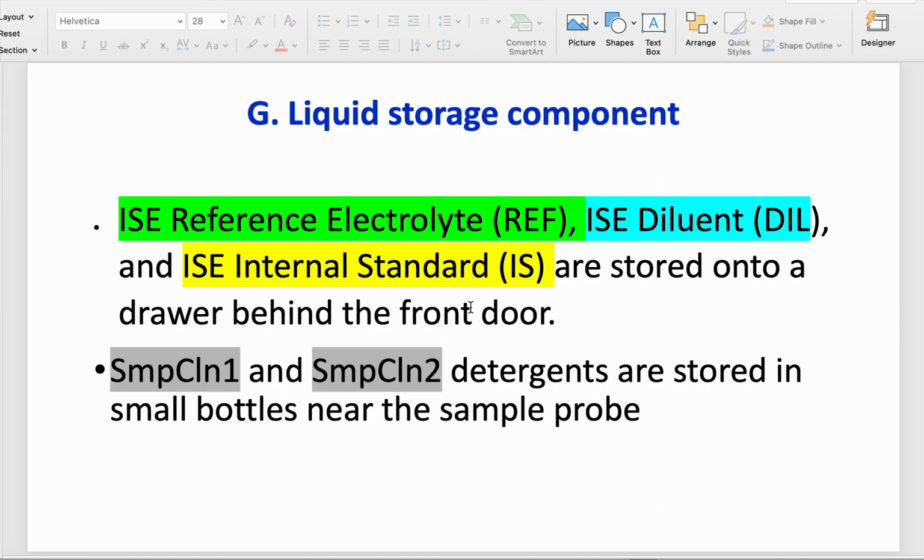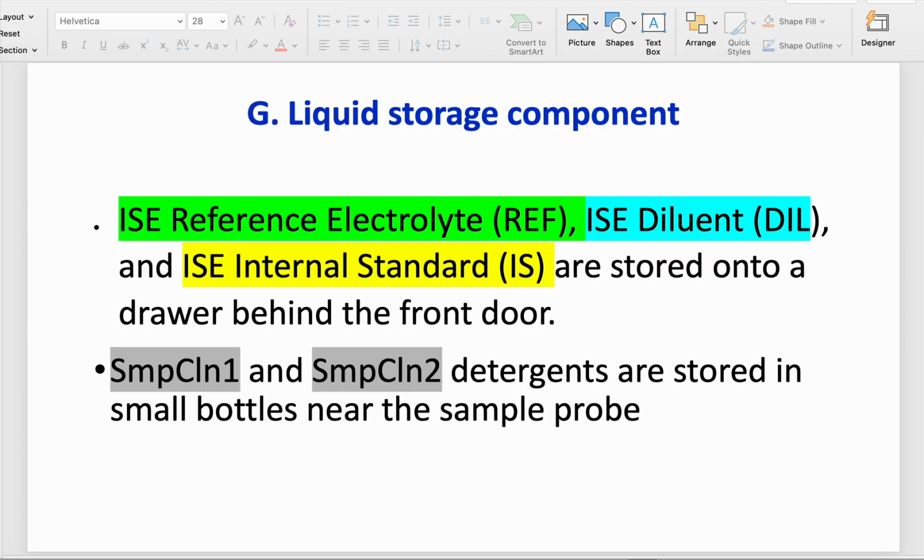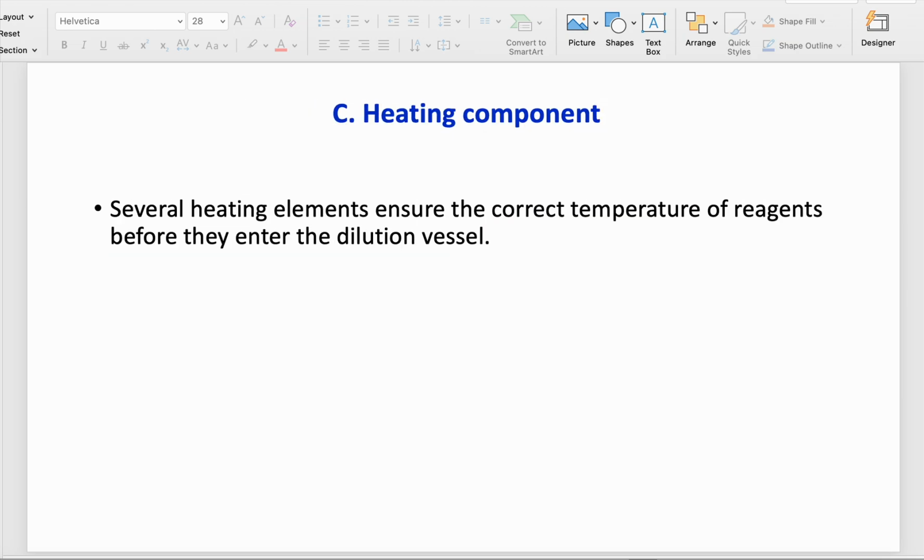So if you understand this flow, this preparation is like vacuum and all, and first is the initial standard measurement, then measuring the diluted sample, then back to the standard measurement. So what it's doing, let us go to the diagram.